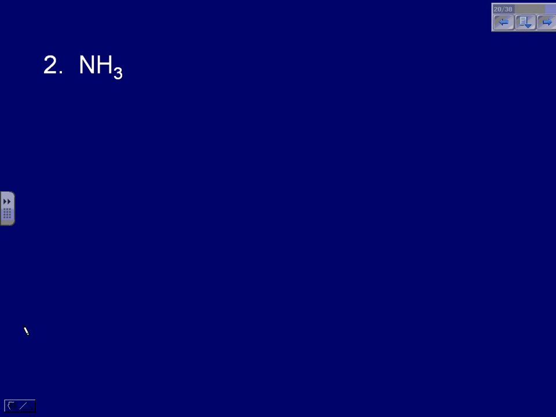Let's look at NH3. We saw NH3 in that little animation. NH3, we're going to put it in some water. Now, NH3 could be a tricky one.